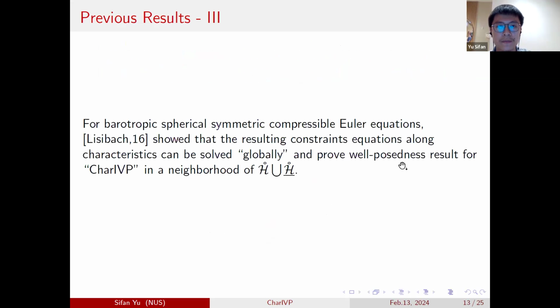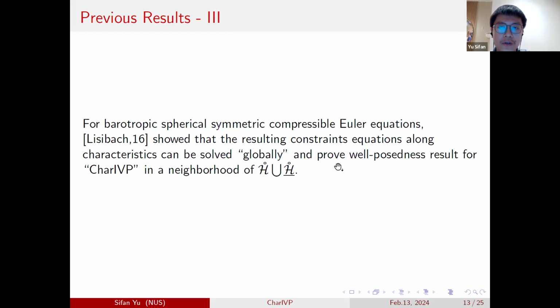Unfortunately, there are no results till now for 3D compressible Euler equations without any symmetry assumptions. But if you impose a spherical symmetry assumption, Andre Lisabach showed that, first of all, he constructed the initial data together with the initial geometric coordinates.